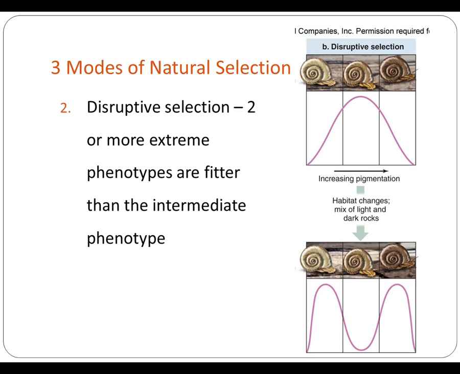We have the dominant trait expressed, the recessive trait expressed, or a blend, a heterozygous type trait. And in disruptive selection, that blended pattern is not favored, yet either extreme is favored. And so you can see how the pattern on the bottom, the blended pattern is not favored, but the other two are.